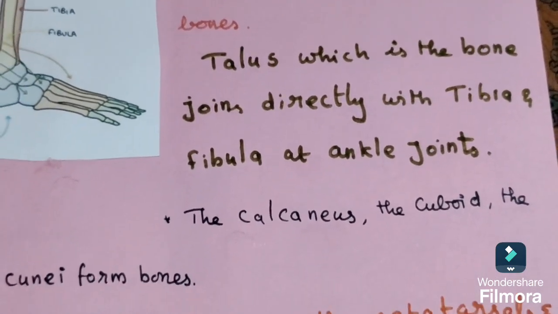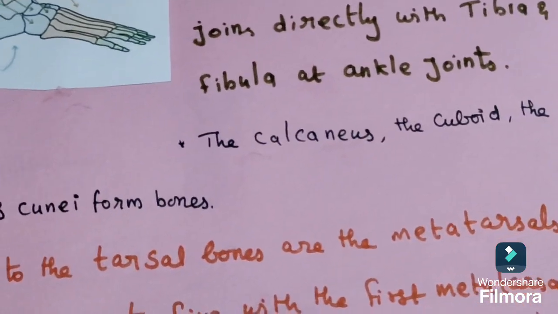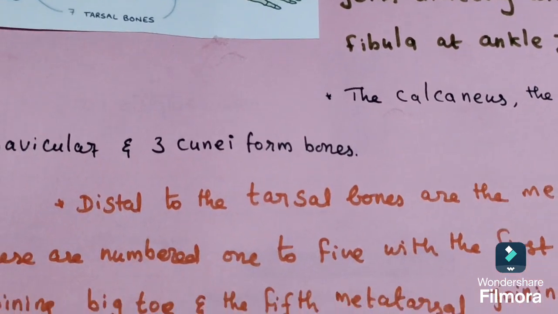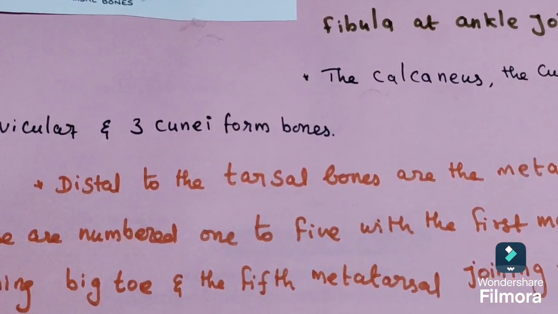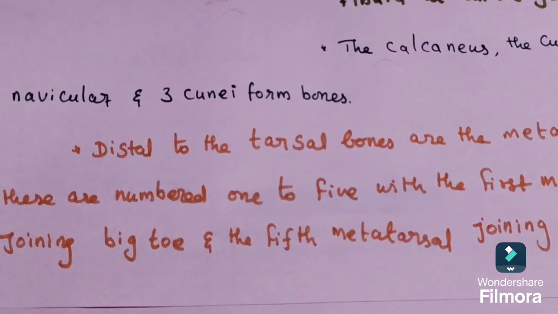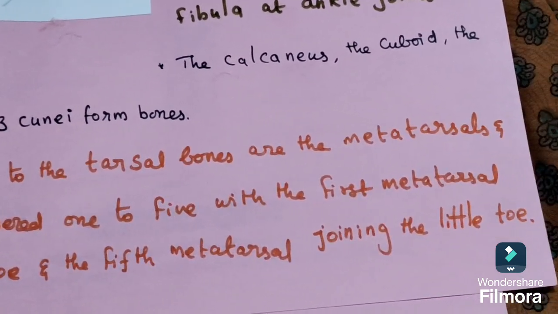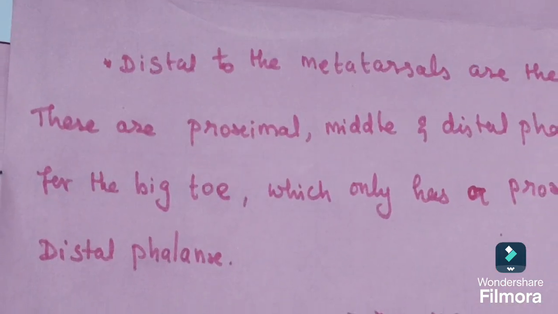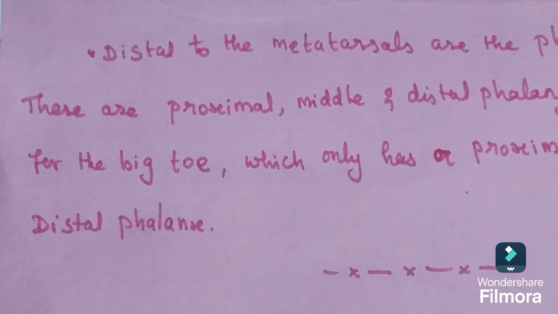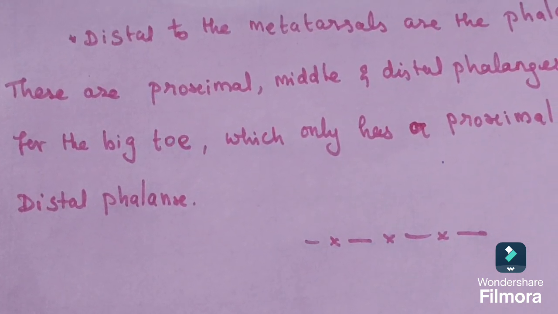There are seven tarsal bones: the talus, which joins directly with the tibia, then calcaneus, cuboid, navicular, and cuneiforms. Distal to these are the metatarsals, numbered 1 to 5, then the phalanges, proximal, middle and distal, except the big toe, which has only proximal and distal.